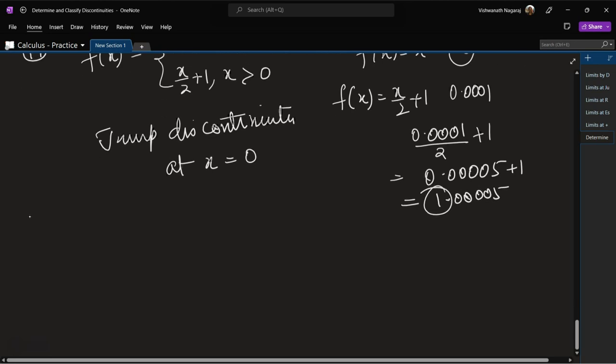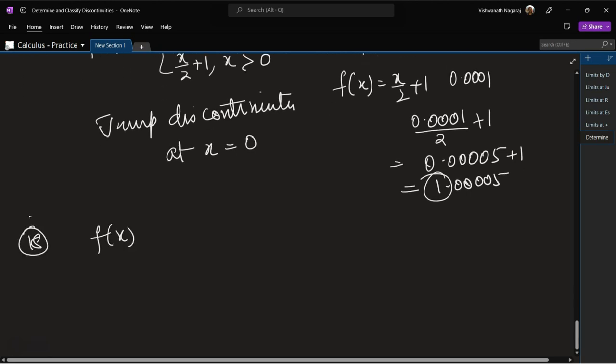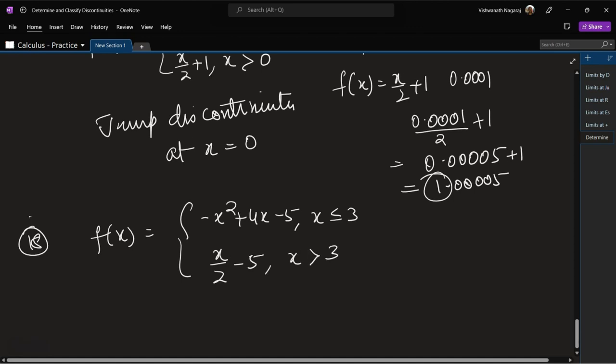Okay. 18th one, f of x equal to minus x square plus 4x minus 5 when x is less than or equal to 3, and x by 2 minus 5 when x is greater than 3. So first instinct says it has to be a jump discontinuity. Let's just verify it very quickly.